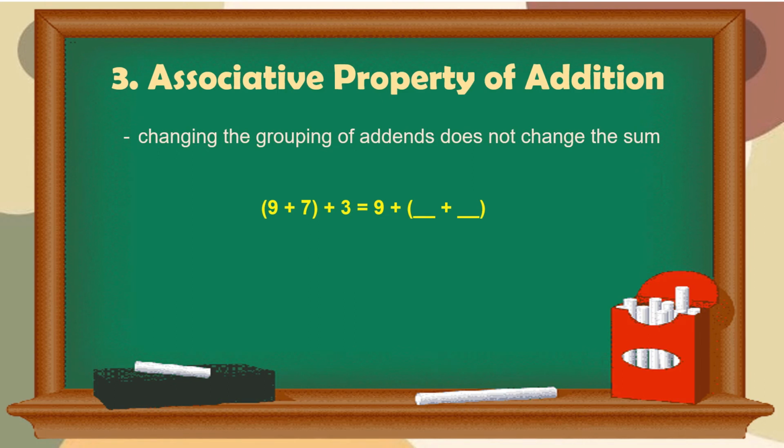If we will change its grouping, then we will copy 9 plus the group of 7 plus 3. 9 plus 7 is equals to 16 plus 3. Copy 9 plus 7 plus 3 is equals to 10. 16 plus 3 is equals to 19. Same to 9 plus 10 is equals to 19.